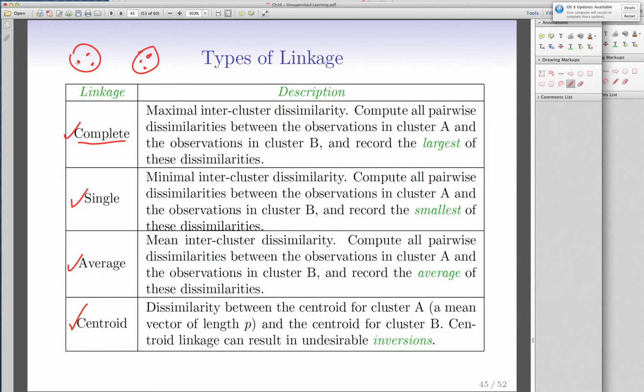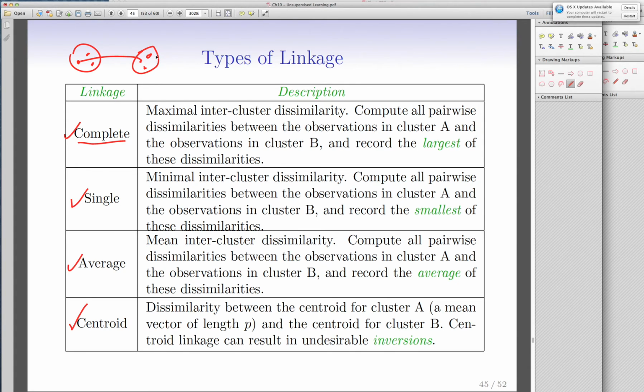You find the distance of each observation of each cluster to each observation of another cluster. So we have 3 here, 3 here. So we have 9 observations here. So 9 pairwise comparisons, and between these observations, we record the largest of these dissimilarities.